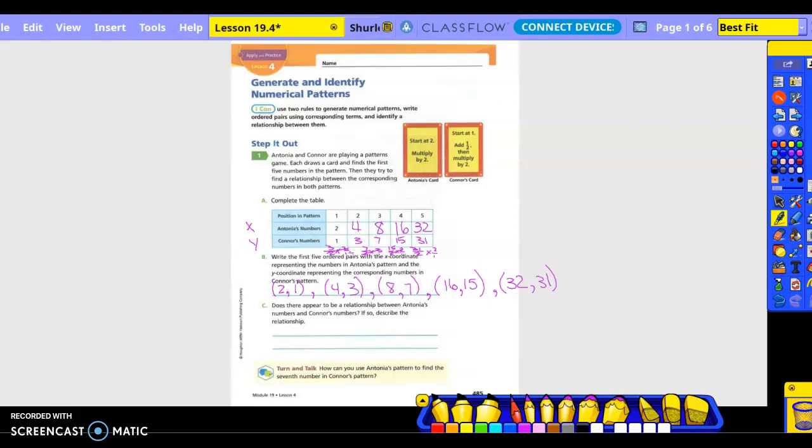So what is it? Okay, Connor's is 1 less than Antonia's. Okay, so Antonia's numbers are 1 greater than Connor's numbers.